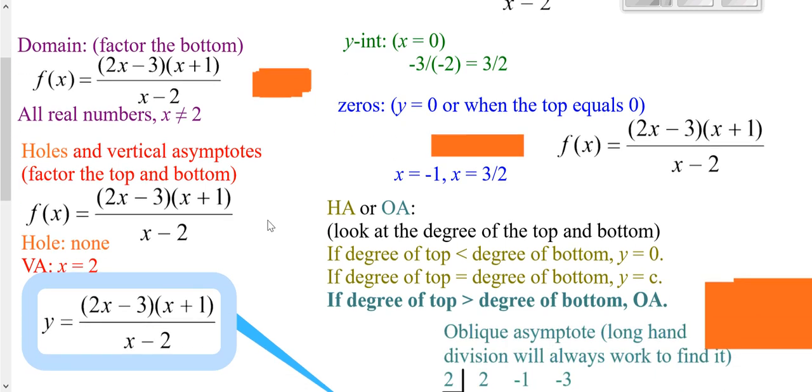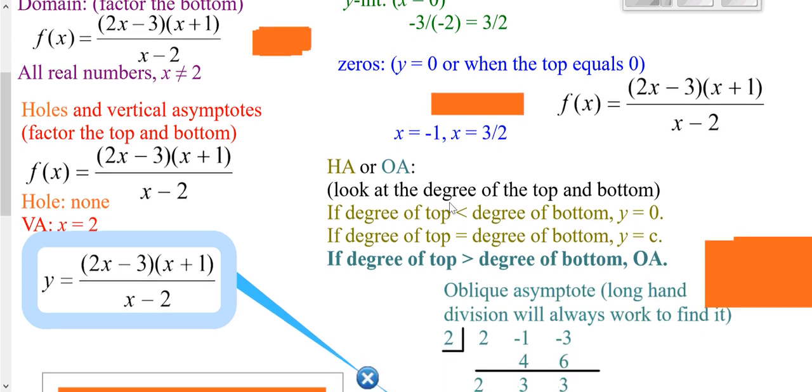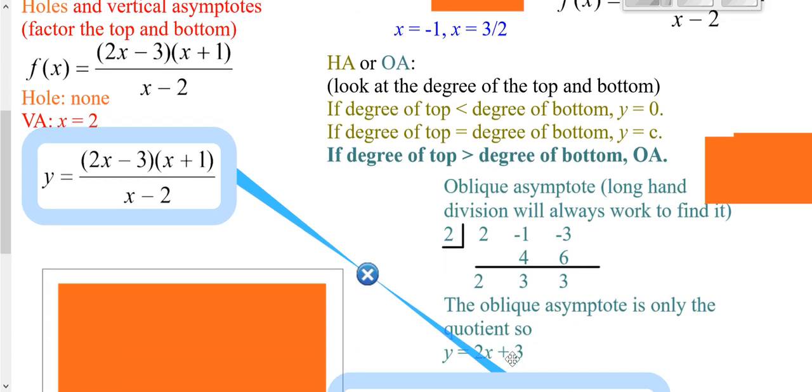So you now want to go ahead, plot your vertical asymptote, plot your y-intercept, plot your 2 zeros. And then you want to go ahead and draw in your oblique asymptote, which is a diagonal line with a slope of 2 and a y-intercept of 3.